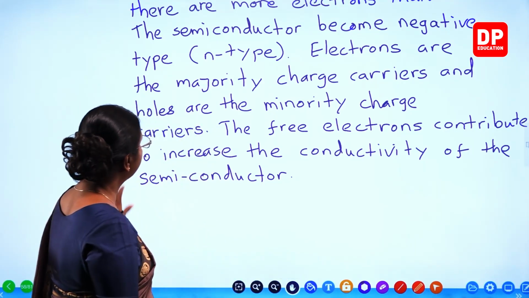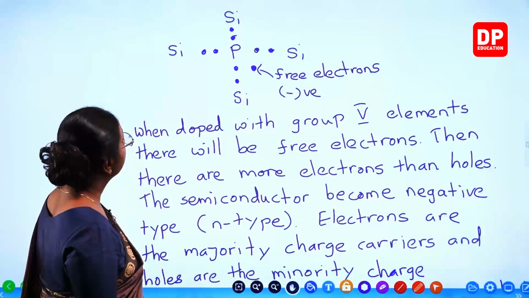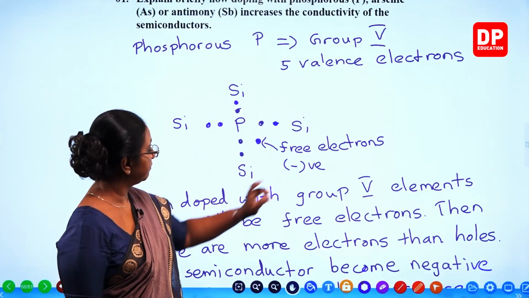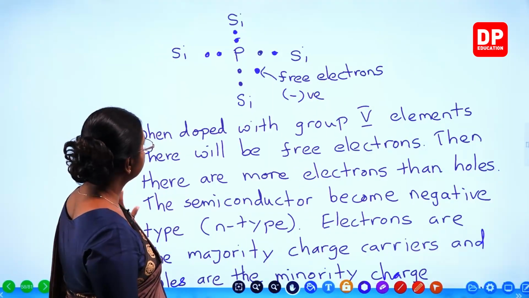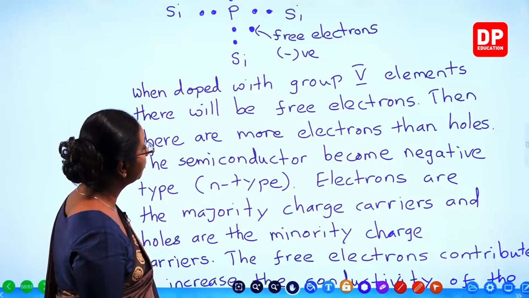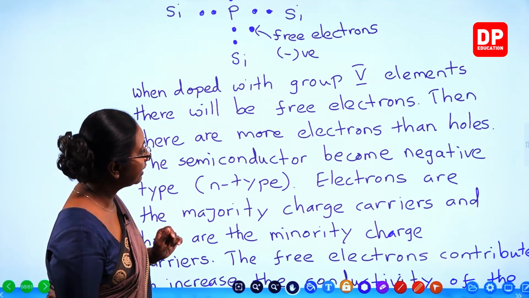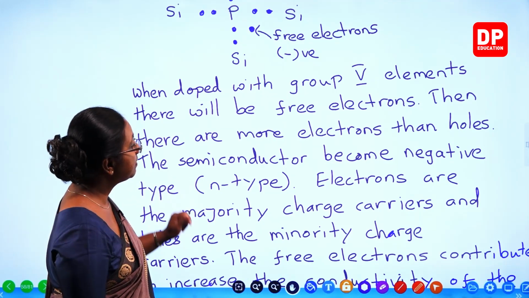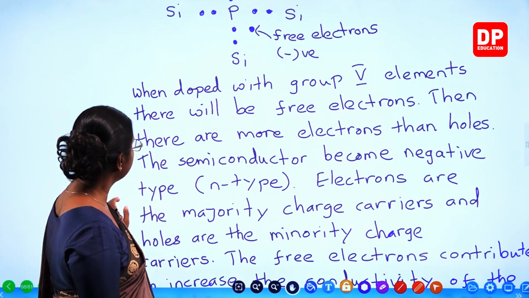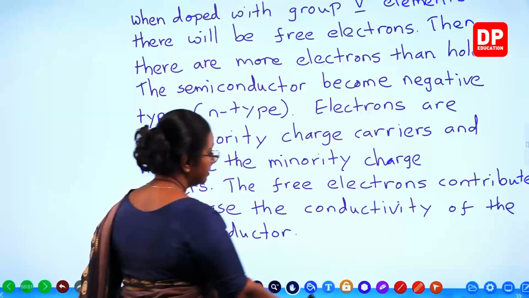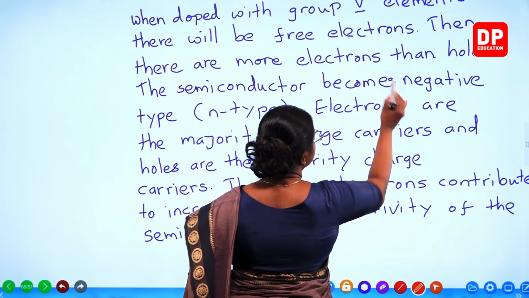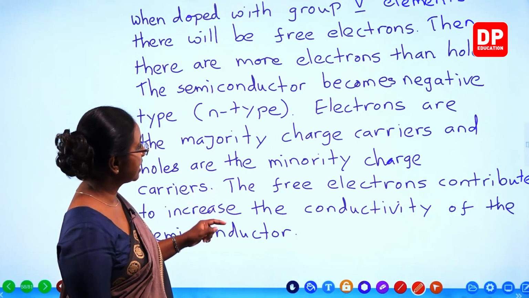So here I have briefly explained it. I have shown the diagram where you get the free electrons. So here the explanation, when doped with group 5 elements, there will be free electrons. Then there are more electrons than holes. The semiconductor becomes negative type, that is N-type.